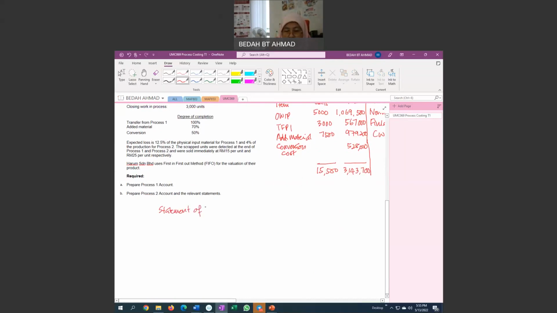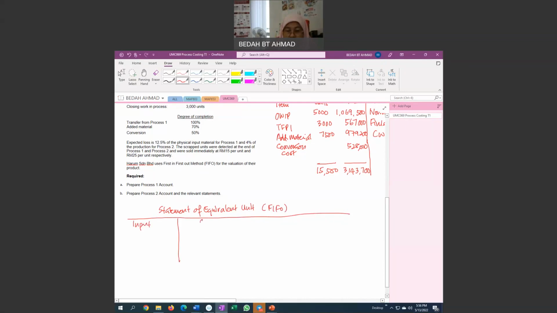Statement of equivalent unit, which is based on the first in, first out. The first column will be the input, and then what is the output?